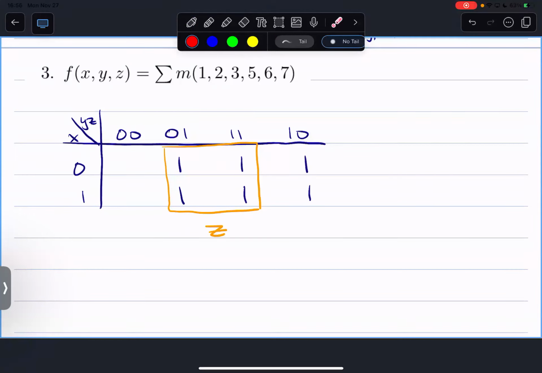My next group, I would try to look for kind of being able to wrap around or something like that. But what I'm going to do is I'm going to make a group of 4 here because they have to be next to each other. And I want to make as big of a group as I can, right?